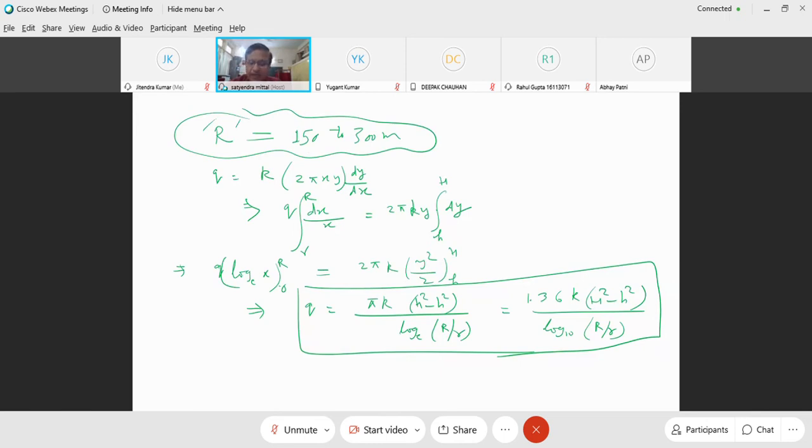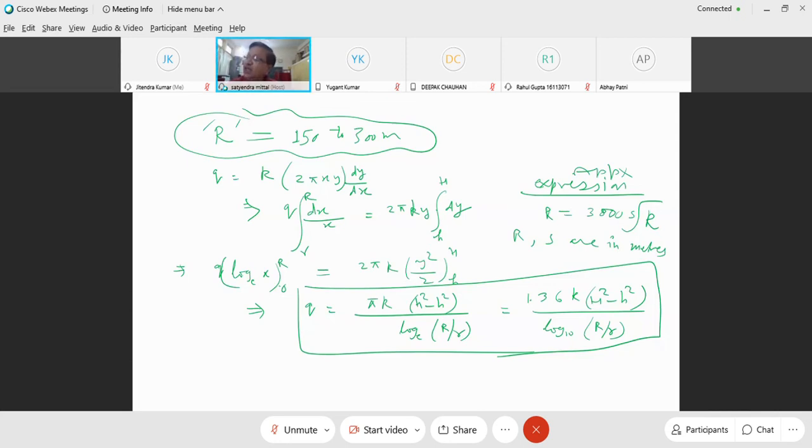Now there are some expressions which give some approximate value. Approximate expressions are also available, that is R is equal to 3000 S into square root K. S I have already defined in the figure. R and S are in meters, and K of course is in meters per second.